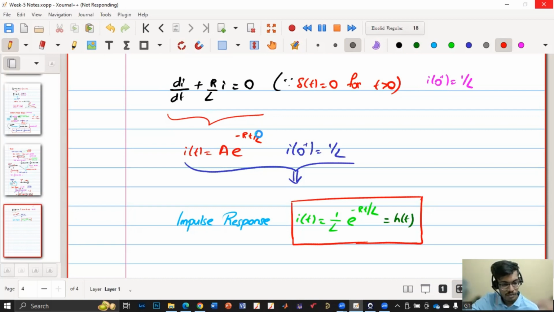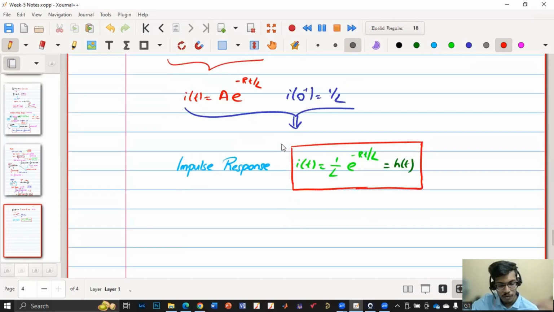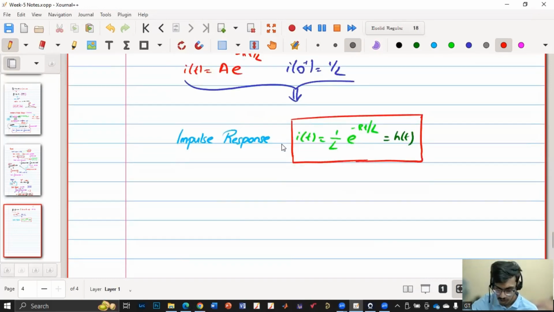So for this same problem, if I excite it with a sinusoid, say Vm sine omega t, then my differential equation will be di by dt plus R by L into I is equal to Vm sine omega t. But I need not solve this equation by proceeding with the differential equation, because my convolution theorem says if the input is x of t for a linear time invariant system, then my output y of t is the convolution of x of t with the impulse response h of t.